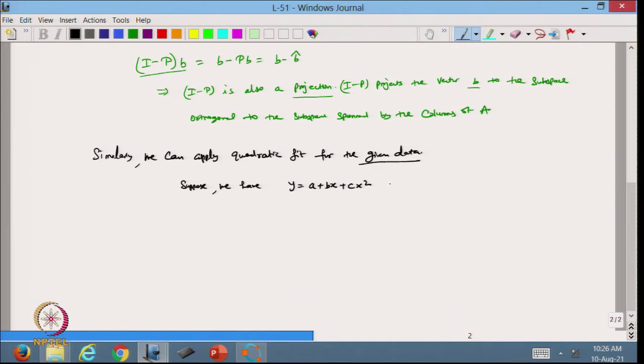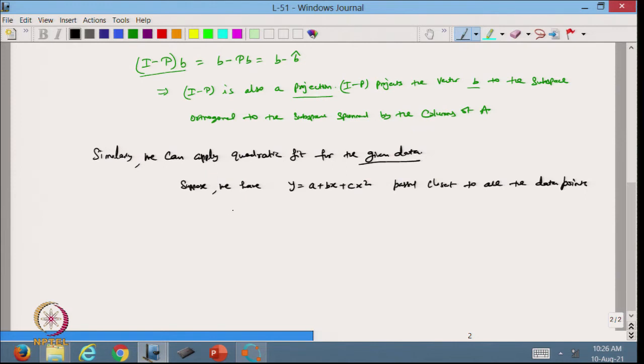I take this quadratic equation and assume that it passes closest to all the data points.